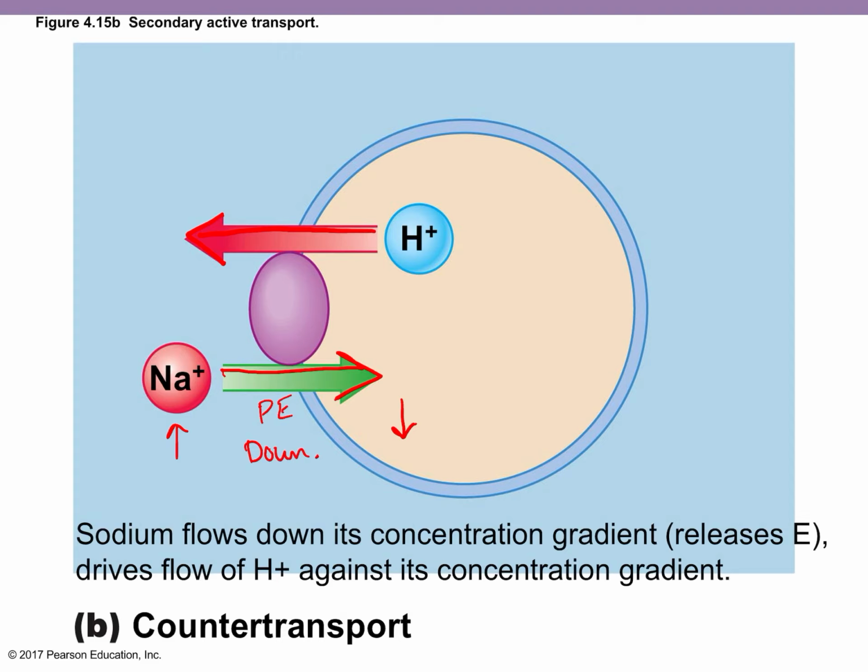But here, the hydrogen ions, these protons, are going to move towards a higher concentration compared to inside the cell where there's a lower concentration of protons. So it's moving against its concentration gradient, but using that potential energy in sodium movement, and it's called countertransport because sodium and the proton or the hydrogen ion are moving in different directions.